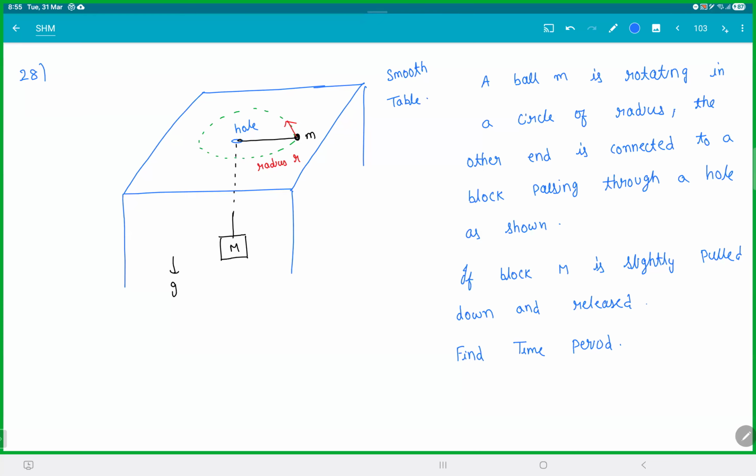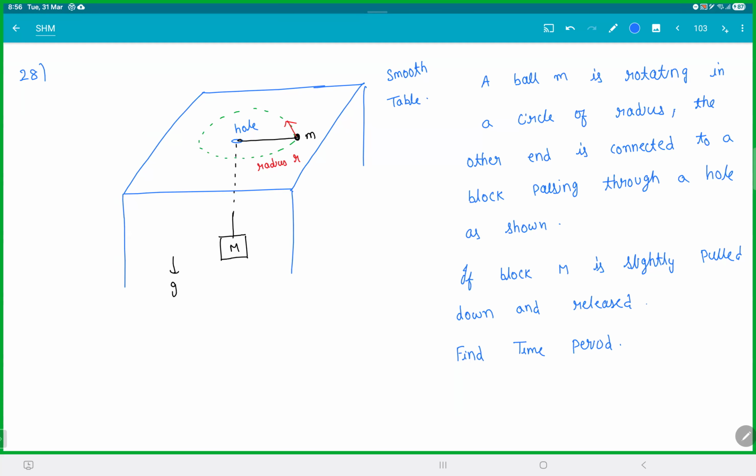Since you pulled it slightly and since it is passing through the hole, the angular momentum is conserved about the hole. That is the main thing. Now you know how to do it. Others didn't even get an idea how to start. There I gave you an idea how to start. Now do it. I'll give you 2-3 minutes.